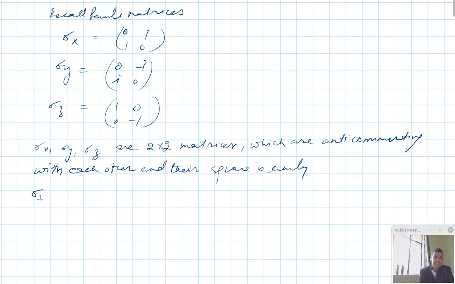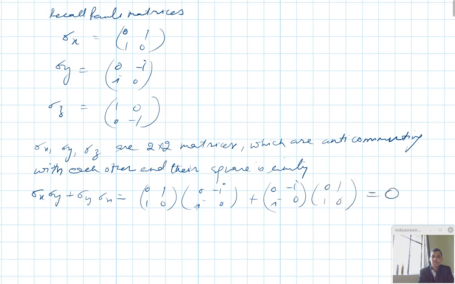That is, I can say that sigma x sigma y plus sigma y sigma x is equal to, if I put their values, 0, 1, 1, 0 times 0, minus i, i, 0, plus 0, minus i, i, 0 times 0, 1, 1, 0, and if I solve, it comes out to be 0. Also, if I find sigma x squared, that is 0, 1, 1, 0 times 0, 1, 1, 0, then it always comes out to be the identity matrix, right? So it is 1.